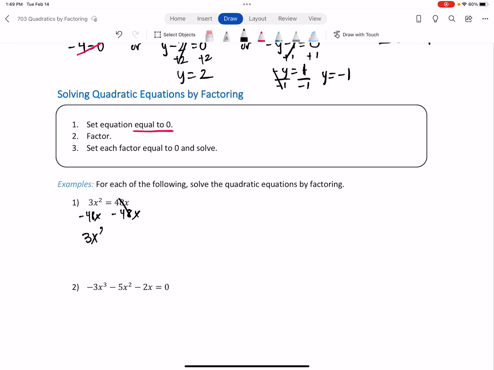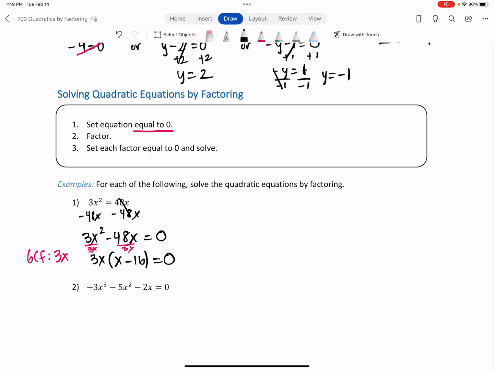So 3x squared minus 48x equals 0. Now I'm going to look for our greatest common factor. And in this example, the greatest common factor is 3x. So I have 3x times, when I do 3x squared divided by 3x, I'm left with just x. When I do negative 48 divided by 3x, I'm left with minus 16 equals 0.